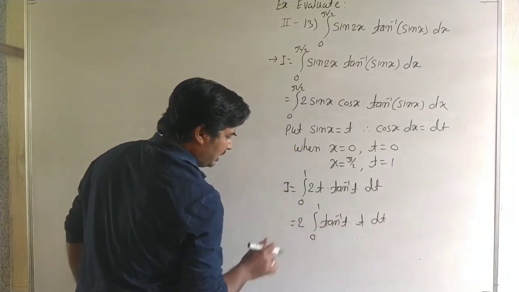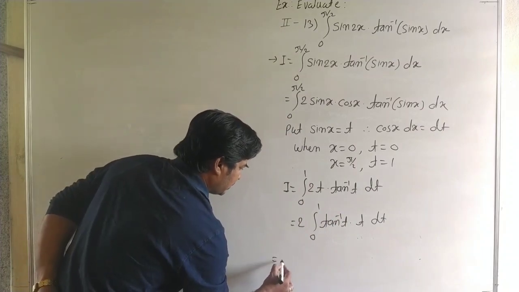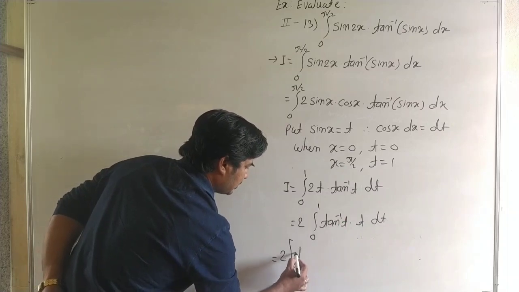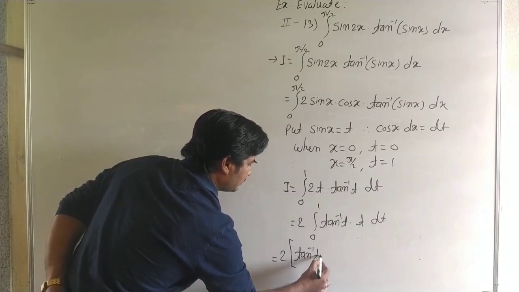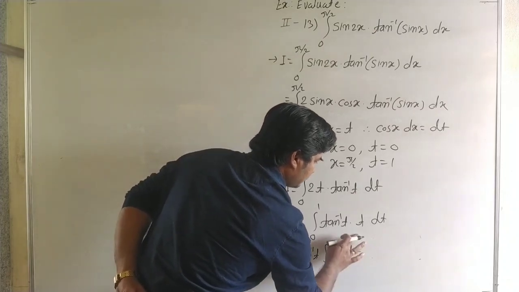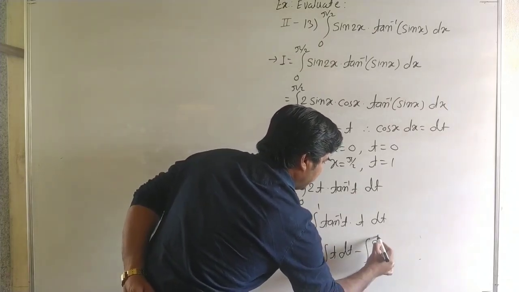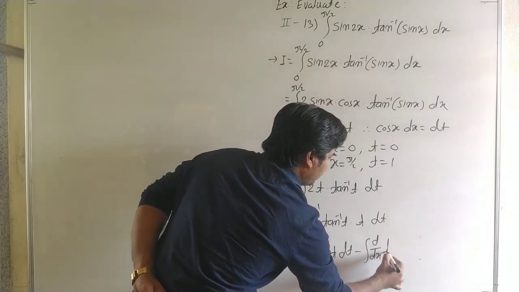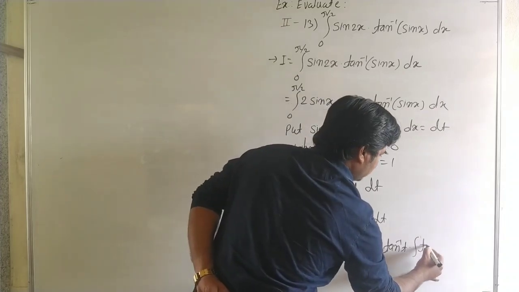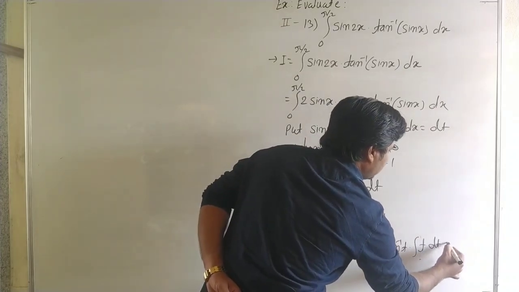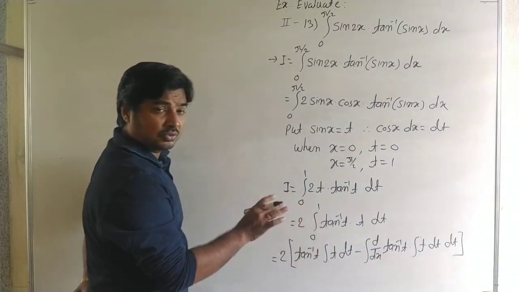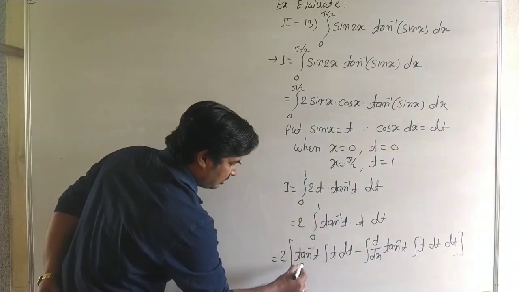And now here we use integration by parts. See carefully. It is 2 into tan inverse t into integration of t dt, minus integration of the derivative of tan inverse t into integral of t dt, and dt. The limit 0 to 1 we can apply after completing the integration.